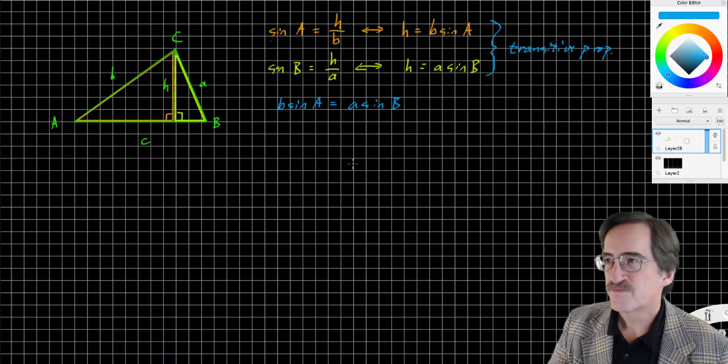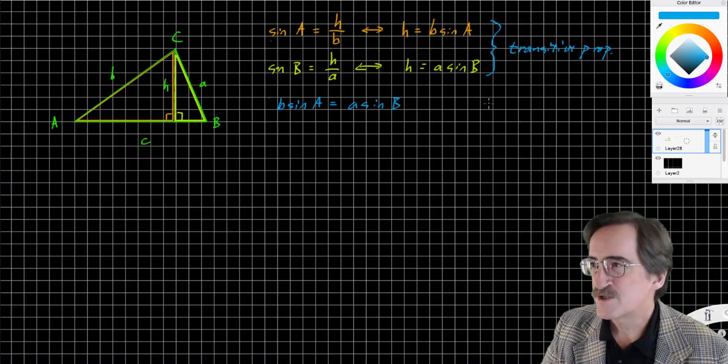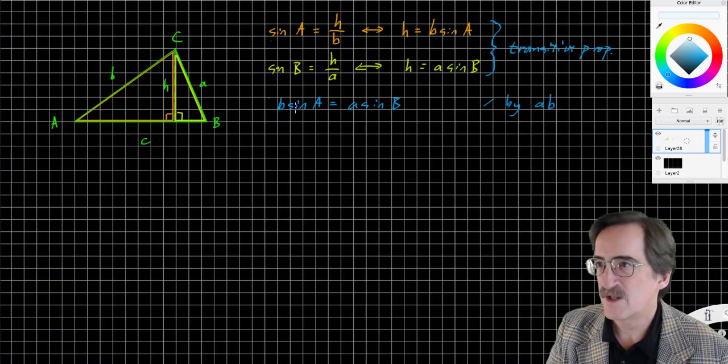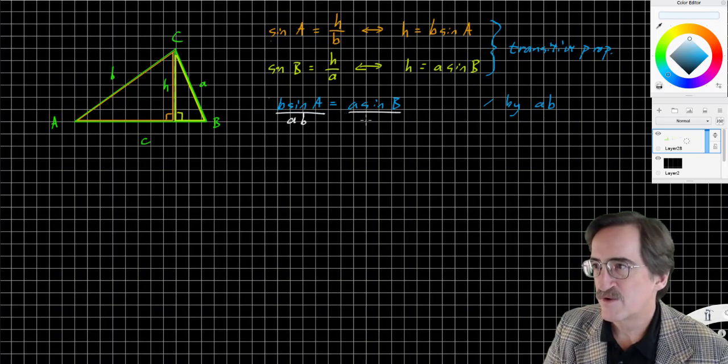And now I'm going to divide both sides by AB. That's using the division property of equality. Here the A's cancel, and here the B's cancel.